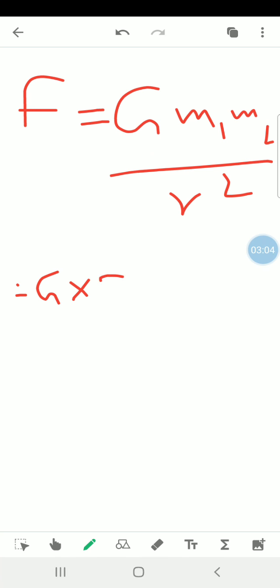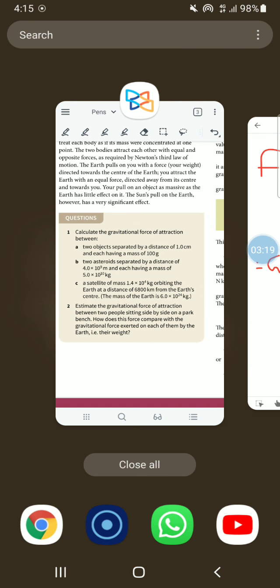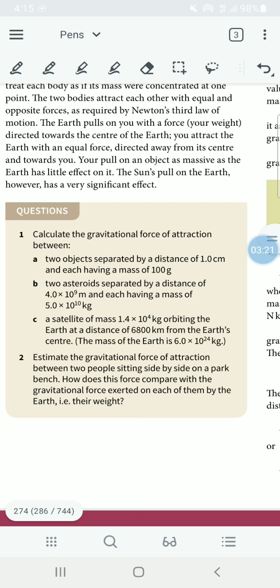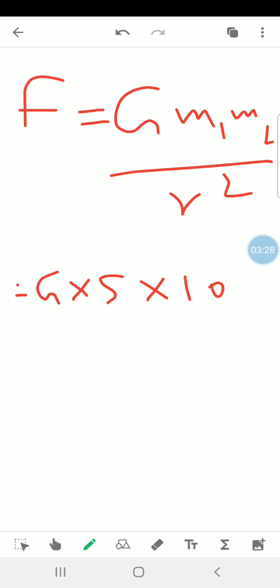Masses are the same, 5 into 10 to the power 10, 5 into 10 to the power 10, and this has to be squared because it is M1 into M2.